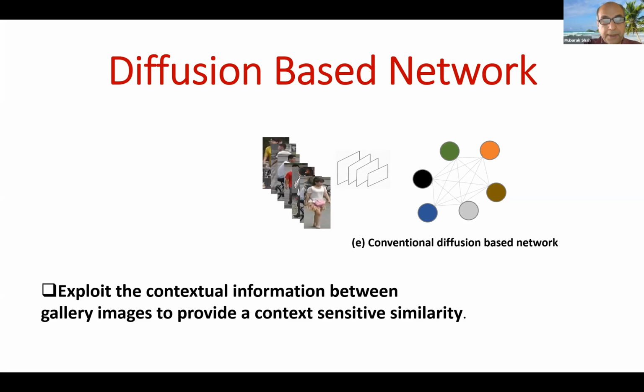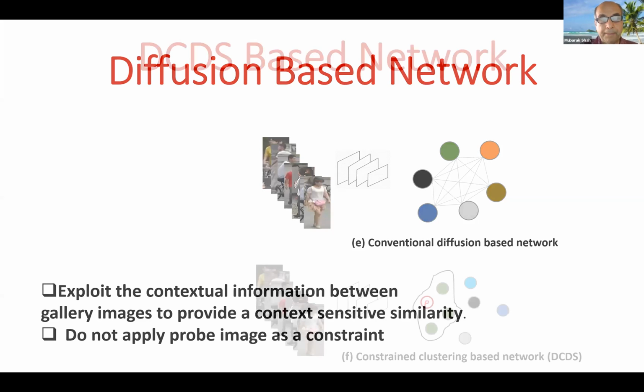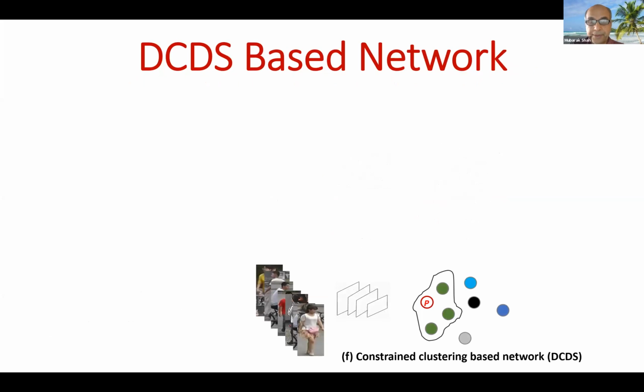Now, this is good because it's using the contextual information between gallery images and the query image, not only just two or three or four, which is a better metric. But the problem is that it's not applying the probe image as a constraint. We want to fix that, and therefore our approach is called the constraint clustering based network.